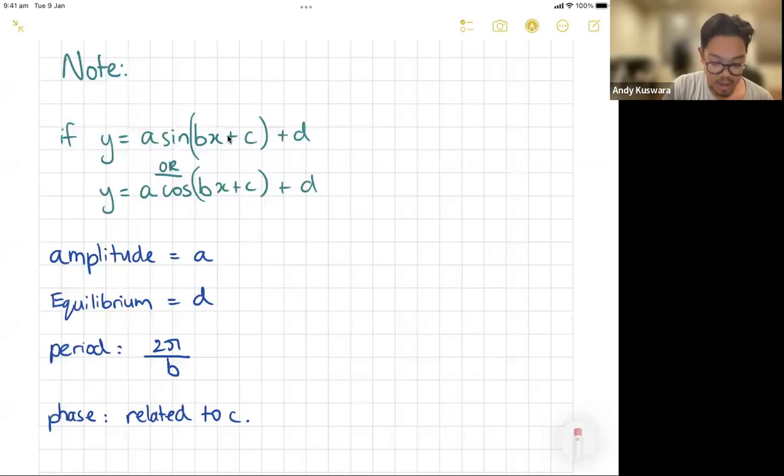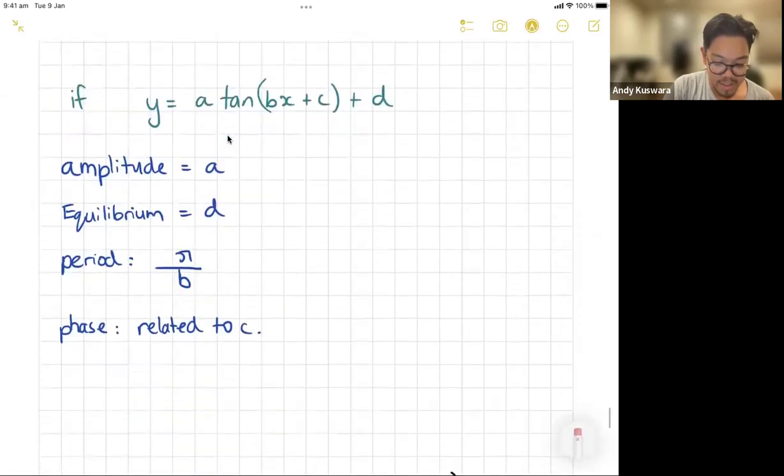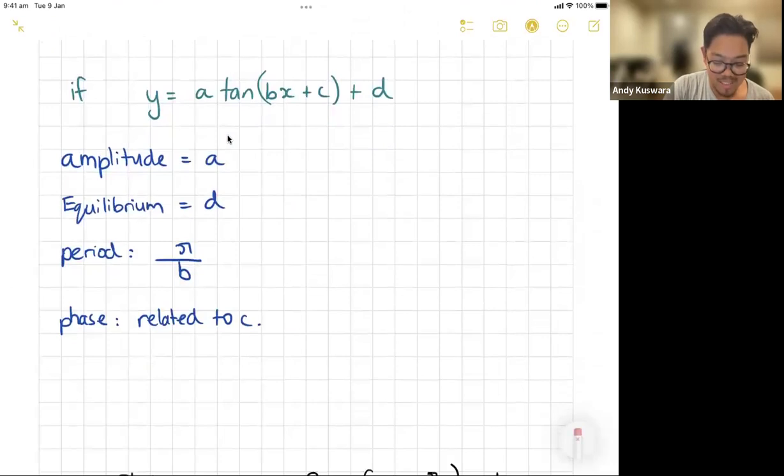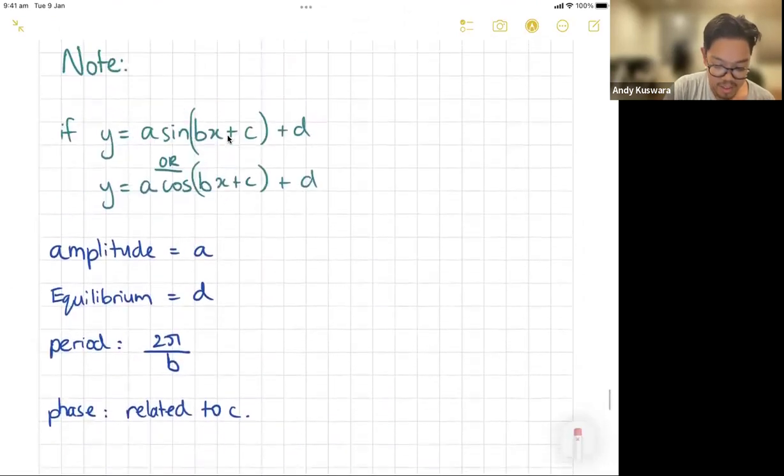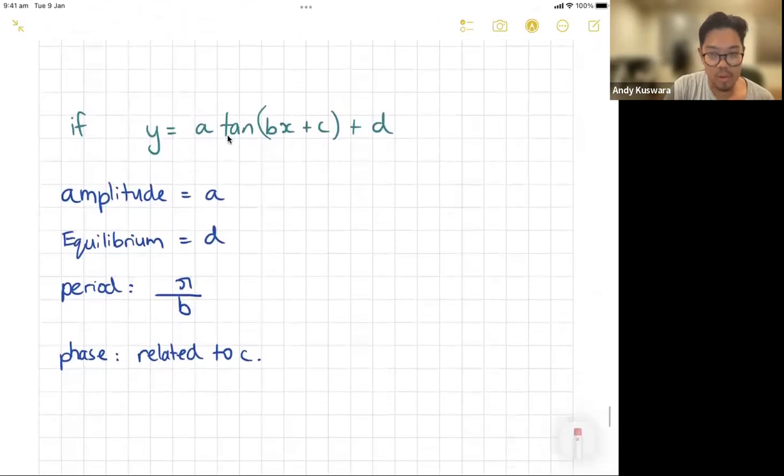Now take a look at tan. Tan is very, very similar, but slightly different. Tan is true to form, always the slightly different one. Everything here is the same: A at the front, B with the x, a plus C, and then a plus D at the end.